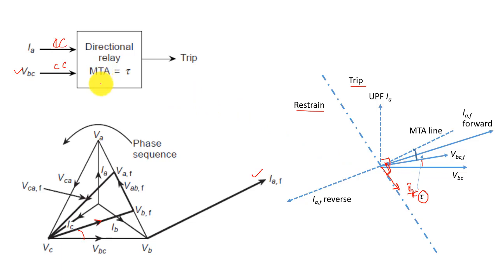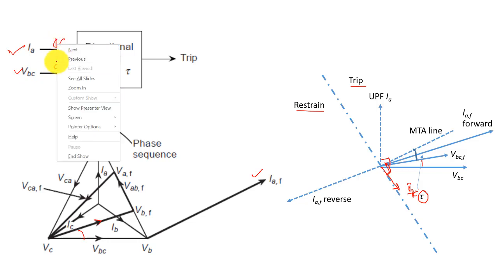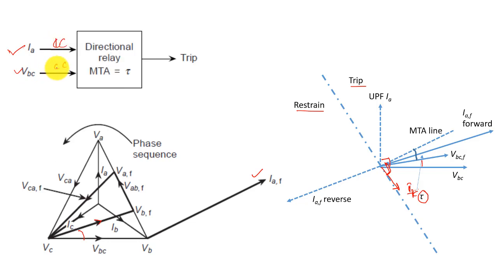That means this kind of connection is suitable for detecting the fault that involves IA and B. So between A and B, we feed the current IA to the current coil and VBC to the pressure coil.